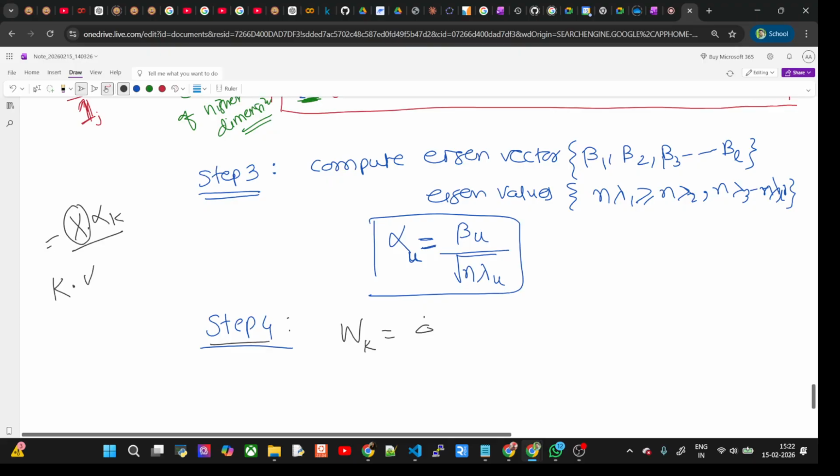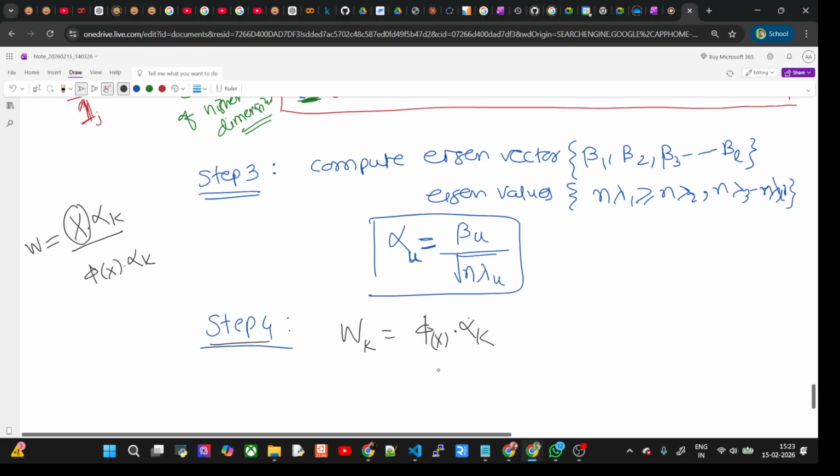This x is your data points. You multiply the data points, you get w. Correct? But in the higher dimension, this x becomes phi of x into alpha k.